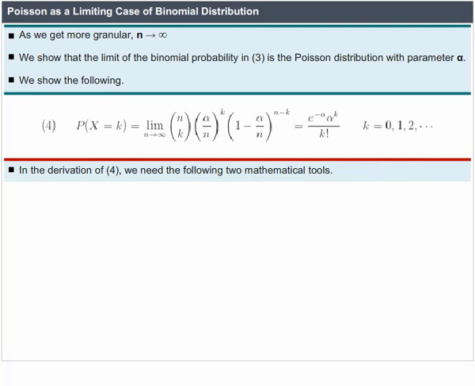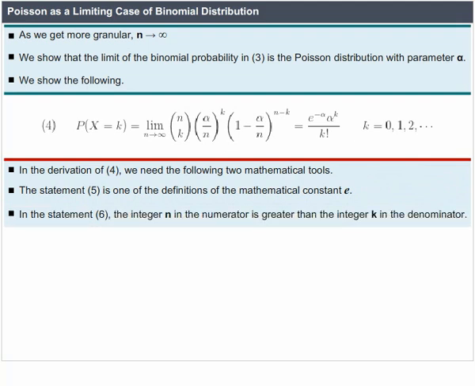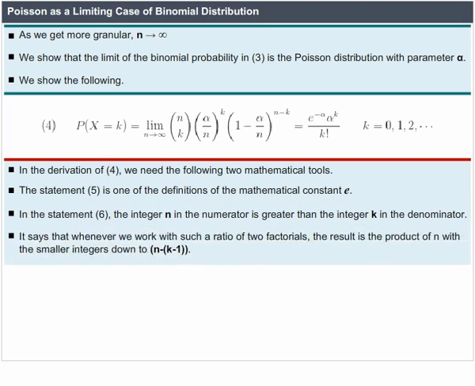Statement 5 is one of the definitions of the mathematical constant e. In statement 6, the integer n in the numerator is greater than the integer k in the denominator. It says that whenever we work with such a ratio of two factorials, the result is the product of n with the smaller integers down to n minus k plus 1. There are exactly k terms in the product.